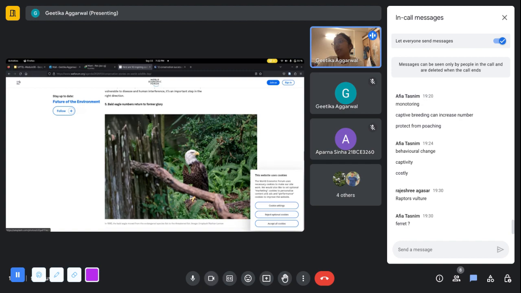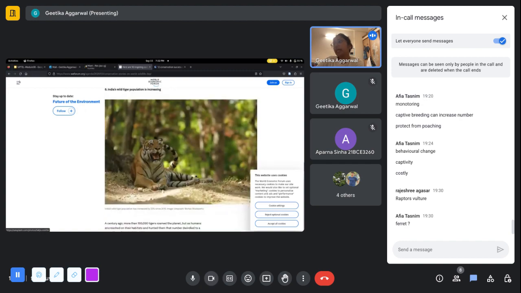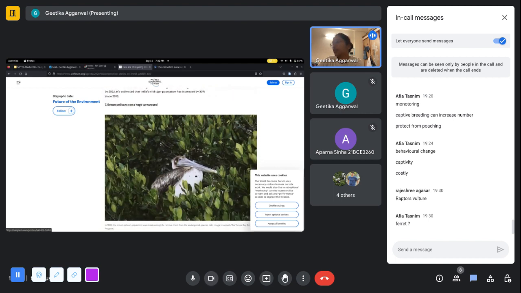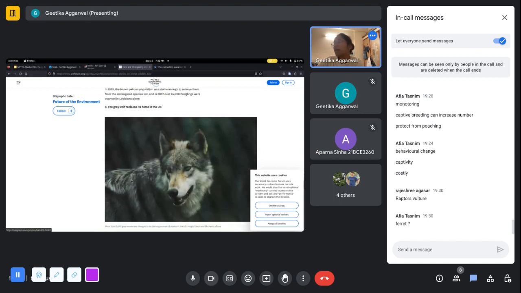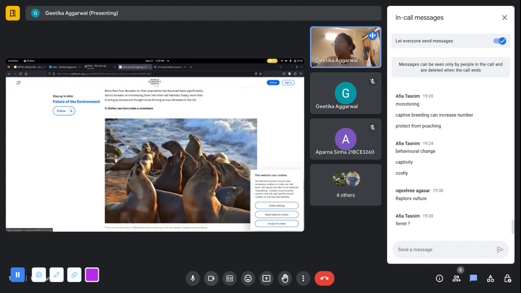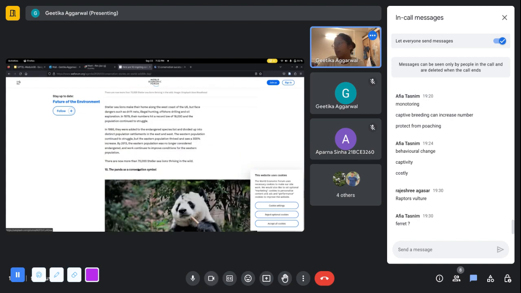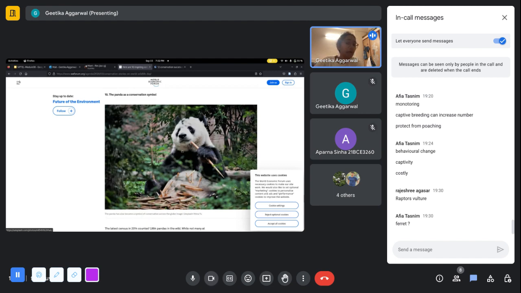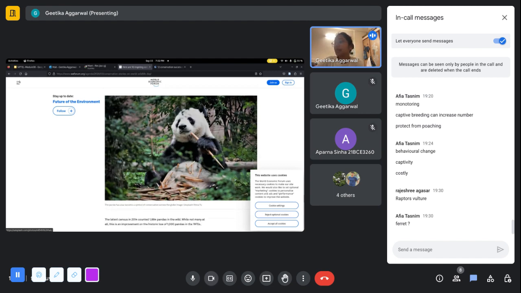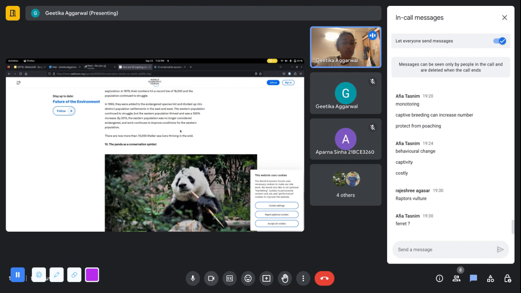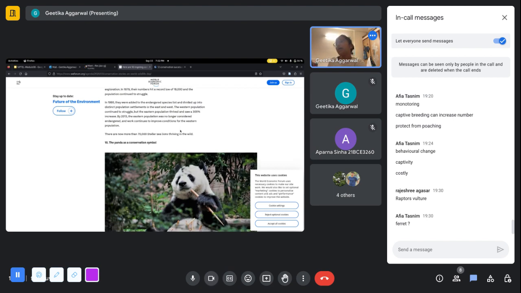Then there is the bald eagle. There are these tigers. We all know India's famous tiger. The numbers have been improved. There are brown pelicans. Then there is the grey wolf, and there are these Steller sea lions, and also the panda. So these are some species that have been saved from extinction, that have been protected by efforts of in situ and ex situ conservation.